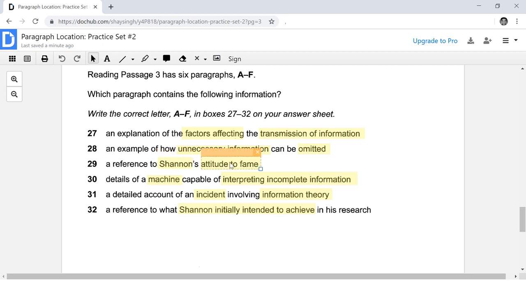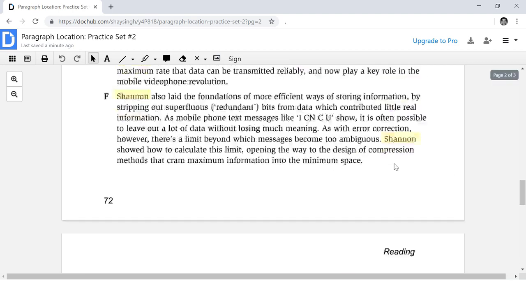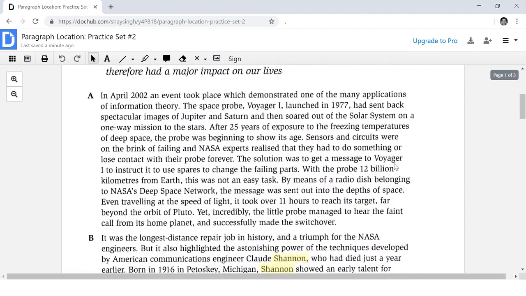First, Shannon's attitude to fame. The other thing that I'm looking for is Shannon's initial intentions. What did Shannon initially intend to achieve in his research? Depending on whichever one I find first, I'm going to be answering that question first. So here we go. We are going to be looking for attitude to fame and initial intentions.